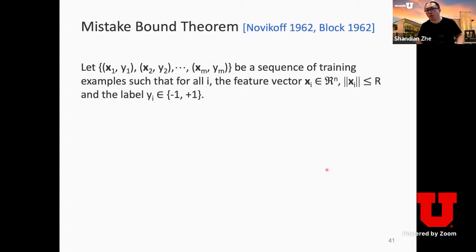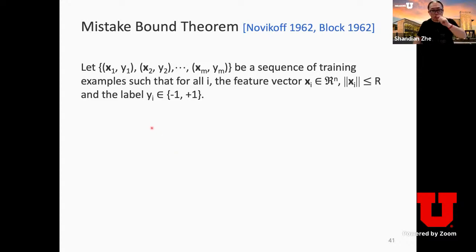And now it comes to our main topic, the Novikoff bound theorem, a very classical theorem describing the behavior of the perceptron. Basically, the theorem tells us in what kind of situations the perceptron algorithm is ensured to converge, and the upper bound on the number of mistakes it makes.